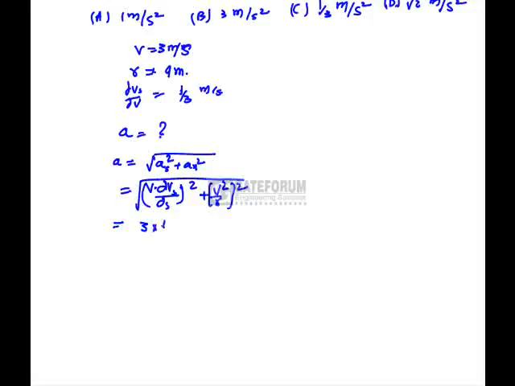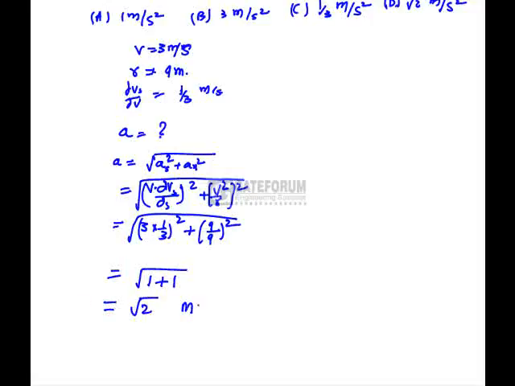This is (3 into 1/3) square plus (V square is 9, divided by the radius of curvature 9) whole square, under root, that is equal to root of 1 plus 1, that is equal to root 2 meters per second square. So here option D is correct.